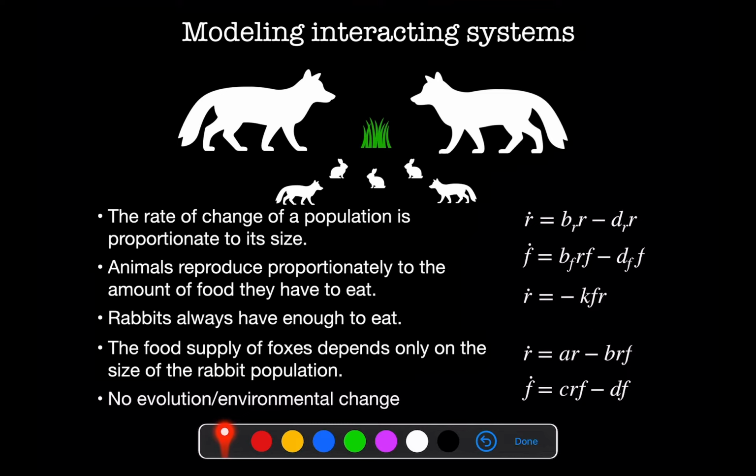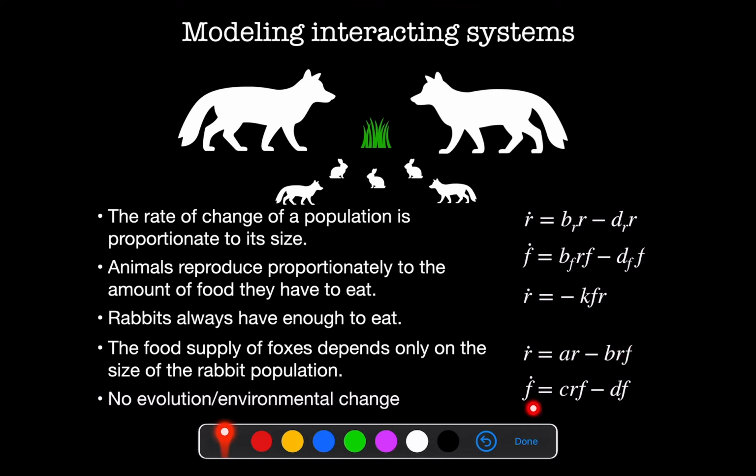We've got this spelled out a little bit more explicitly as a differential equation. I've got the rate of change of the rabbit population is some constant times the rabbit population. This is the combined birth-death rate. And then it's going to decrease depending on the number of foxes times the population of rabbits. There's also a rate of change of fox population.